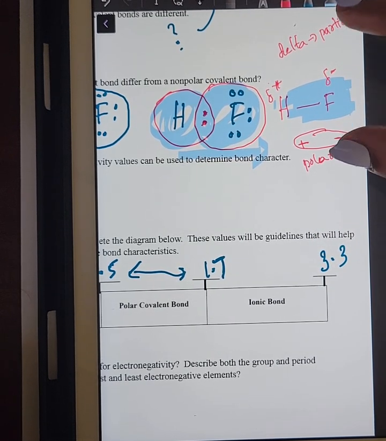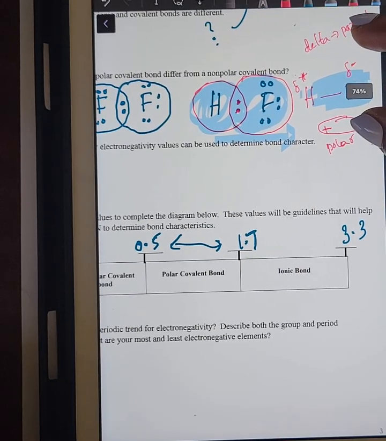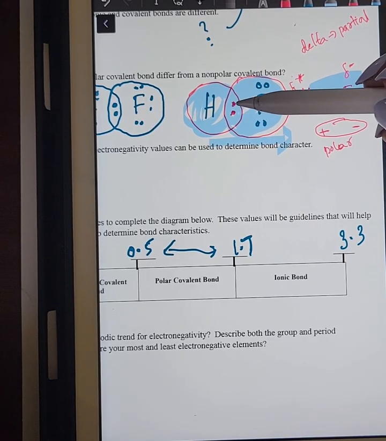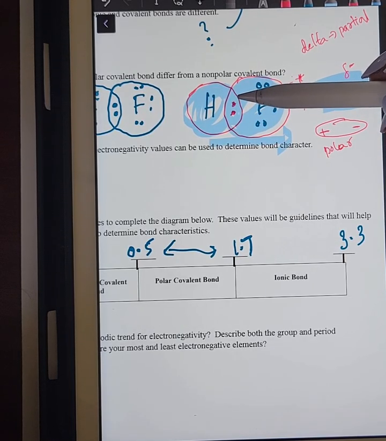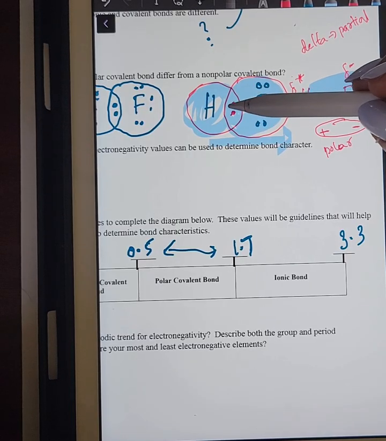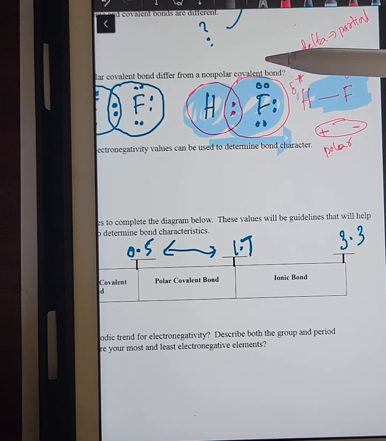So there are two types of covalent bonds. For example, if two people who are equally strong are sharing something, they will get an equal amount of whatever they are sharing. That is called non-polar. But if a strong person is sharing something with a weak person, the strong person will slightly pull whatever they are sharing towards him.